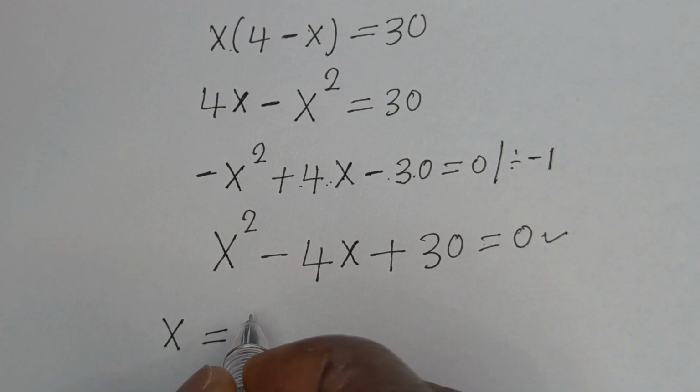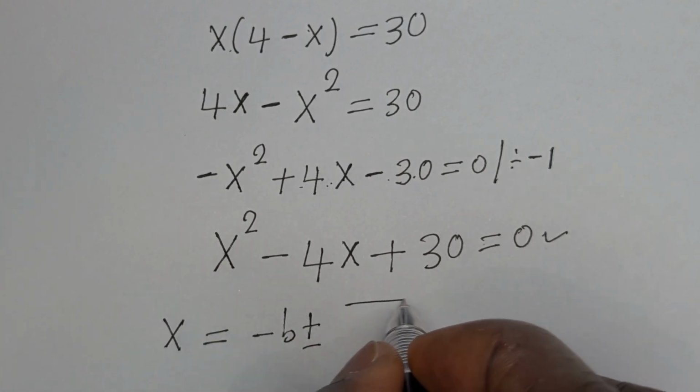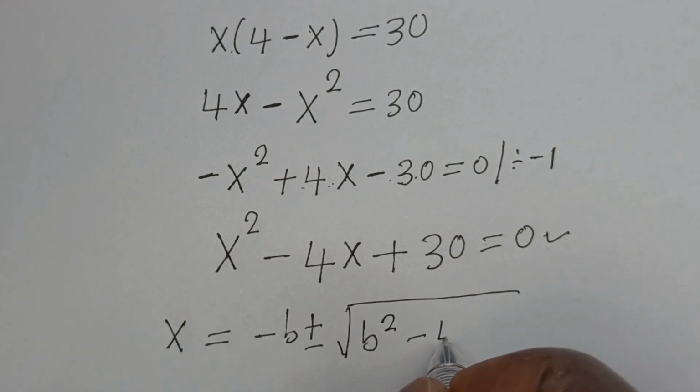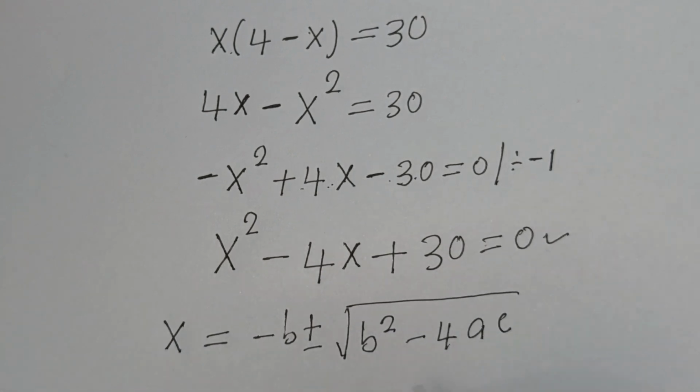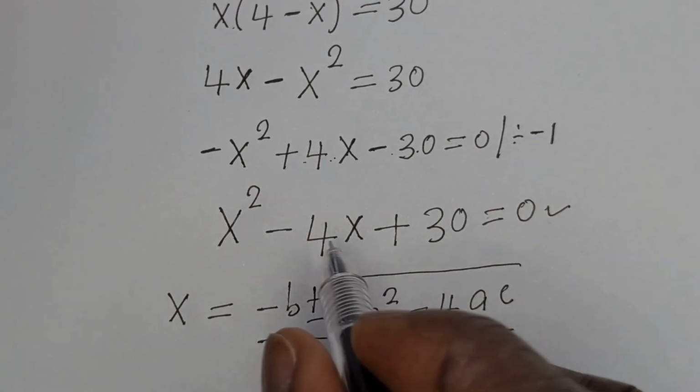x is equal to minus b plus or minus square root of b squared minus 4ac, then over 2a.